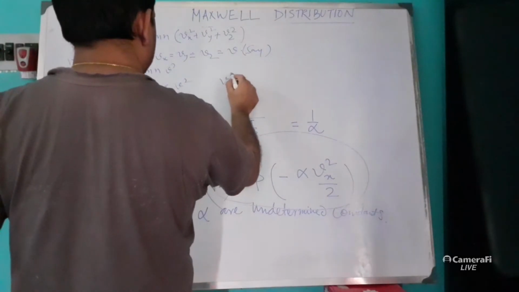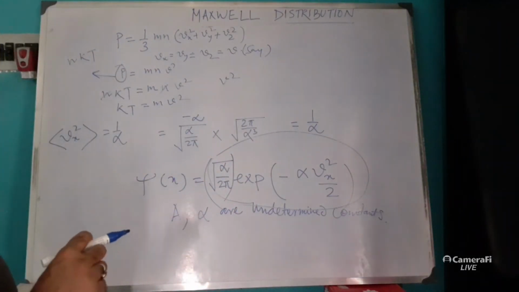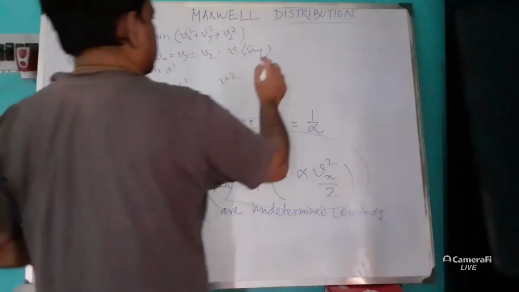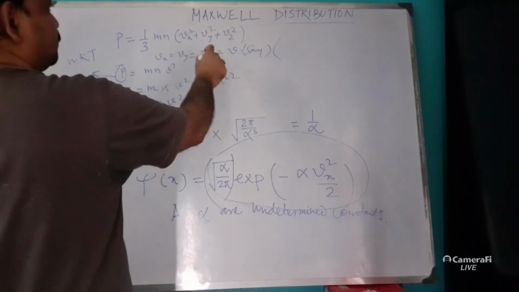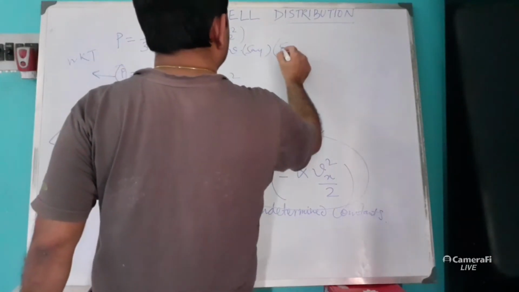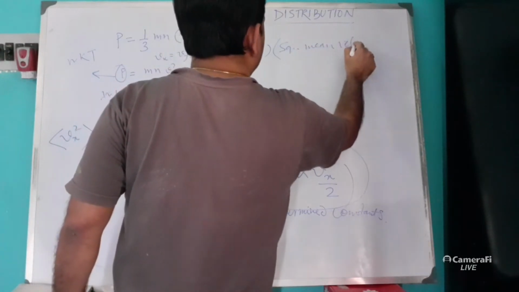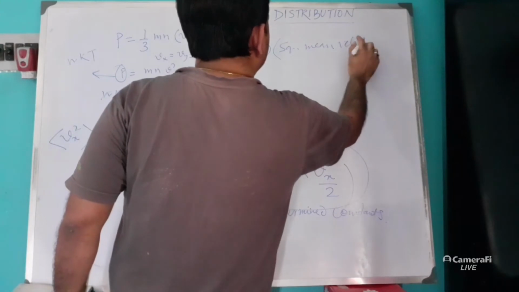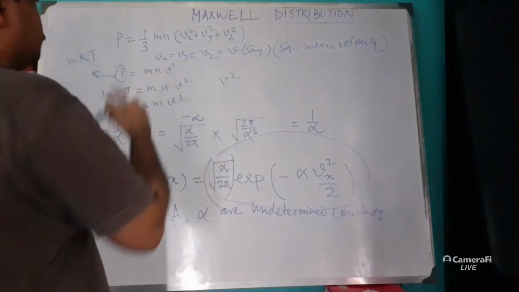So V squared, if we consider it as the square mean velocity, then if Vx, Vy, Vz can be equal to a velocity, it is called the square mean velocity. This is the physical significance of this V.